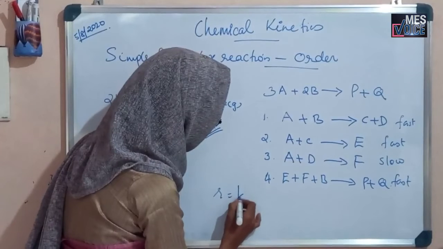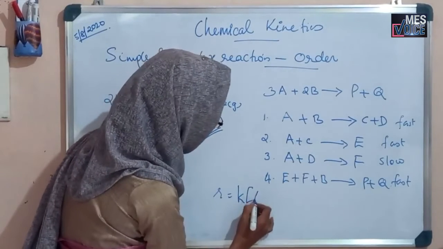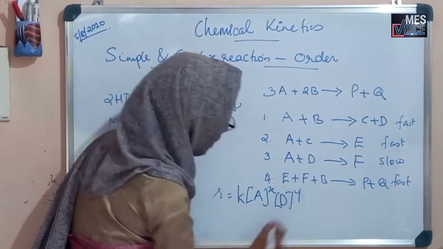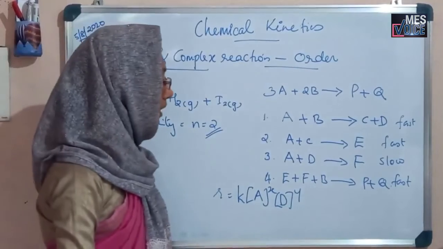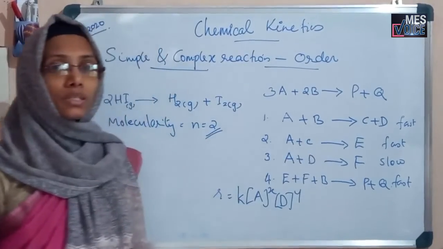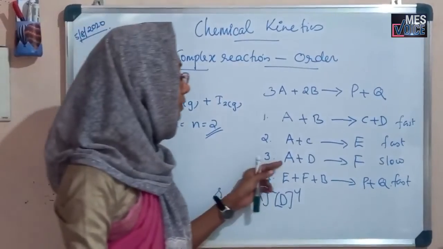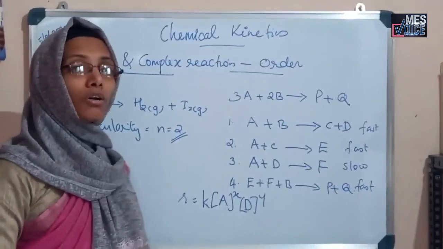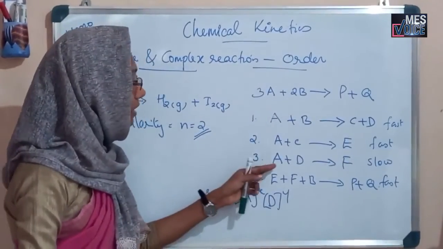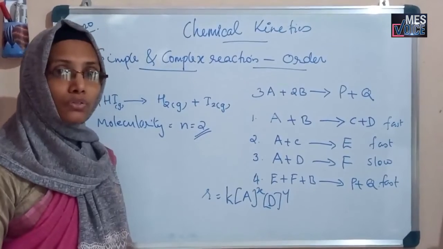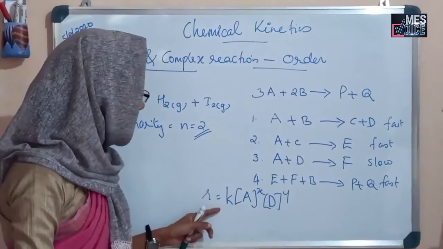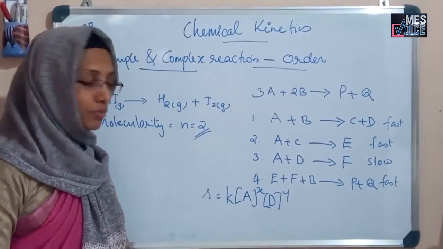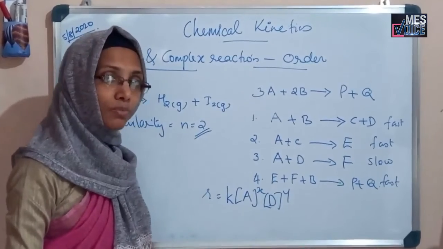This rate is equal to K into concentration of A to the power X and B to the power Y. That is, the rate of a complex reaction is the rate of the slowest step of the reaction. And then what is the order of the reaction? The order of the reaction is the order of the slowest step, because rate is obtained experimentally, and order is also an experimental quantity.